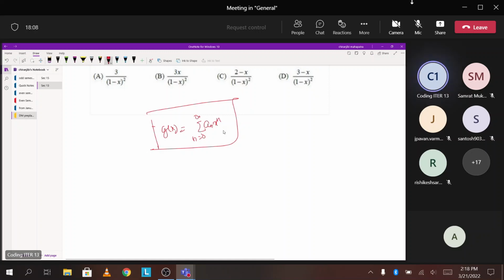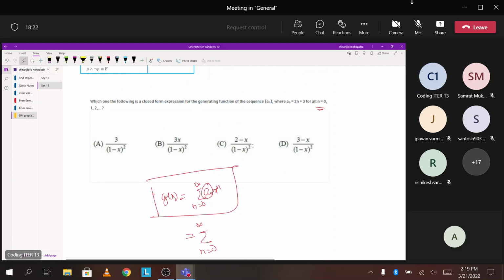Okay. So here, what is the thing that you have to do? That is summation of n equals to 0 to infinite, in place of this a n, just write down the a n that you have, that is 2n plus 3.